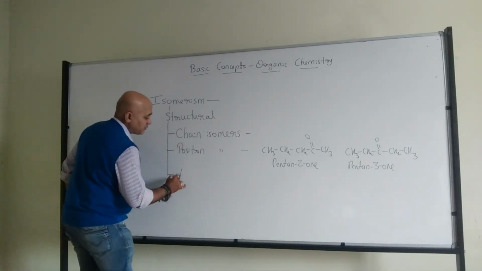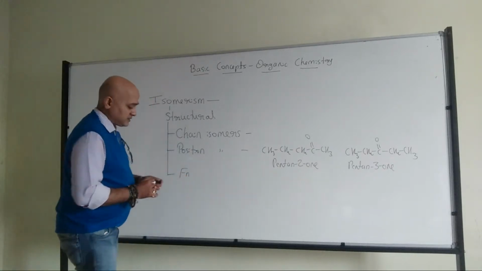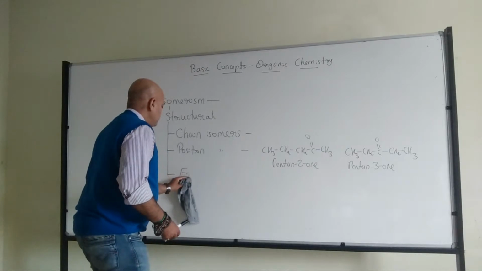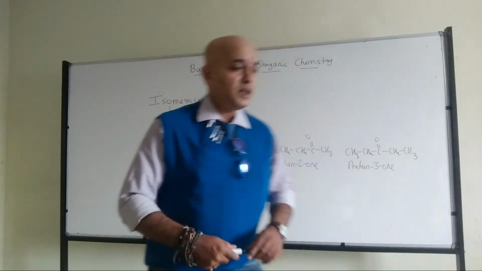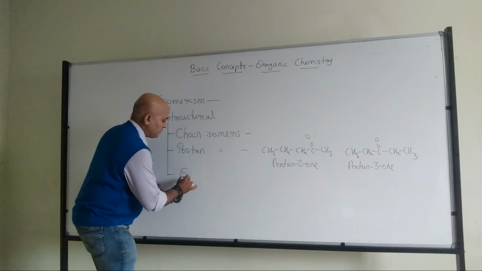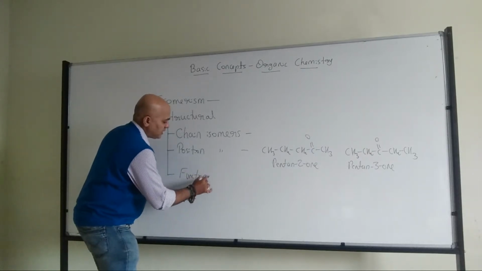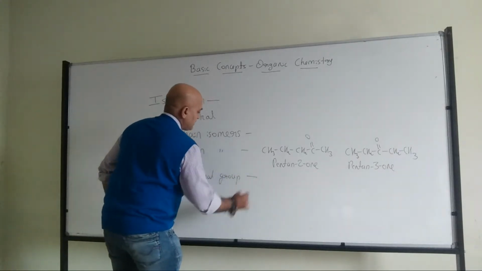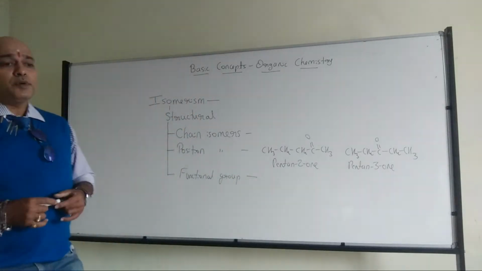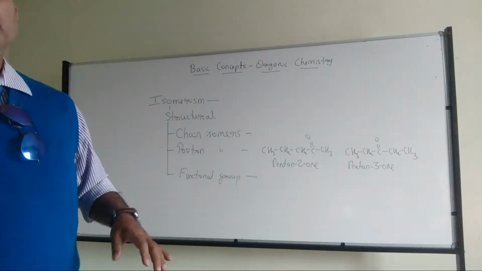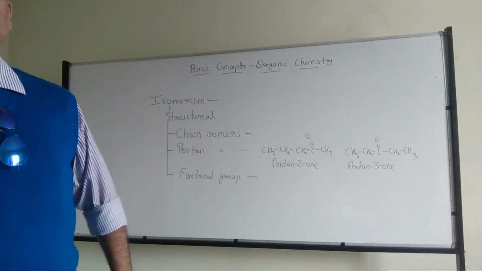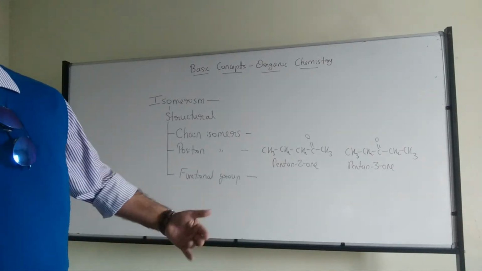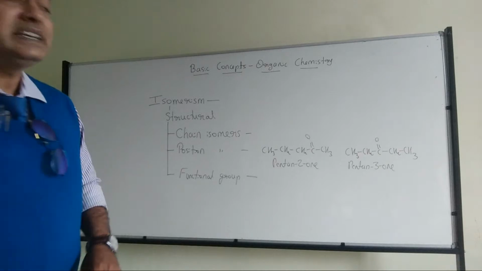Next one is functional group isomers. Okay? Now when I am talking about functional group isomers, it can be acetone or propanone and propanal. Propanal means an aldehyde.